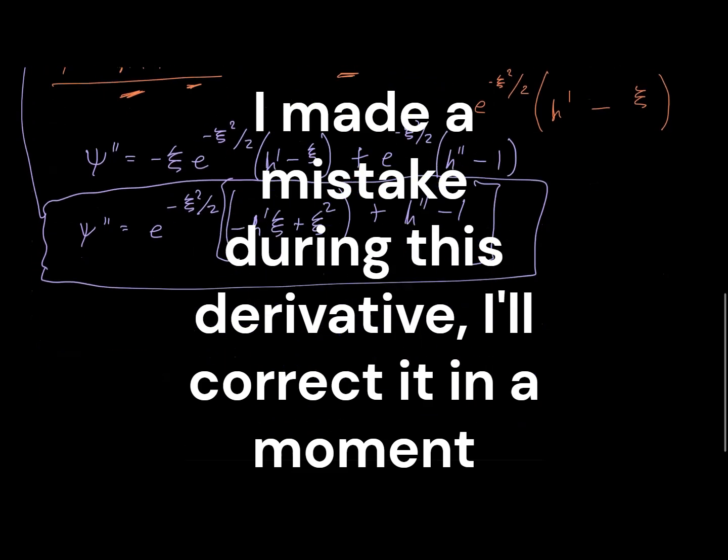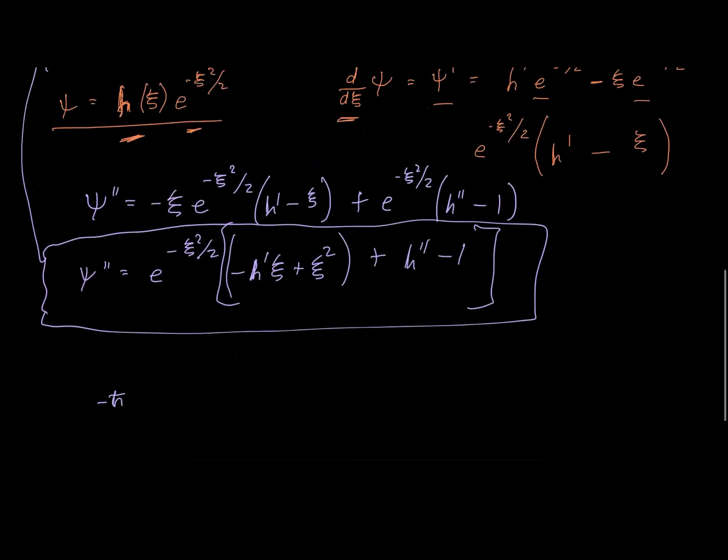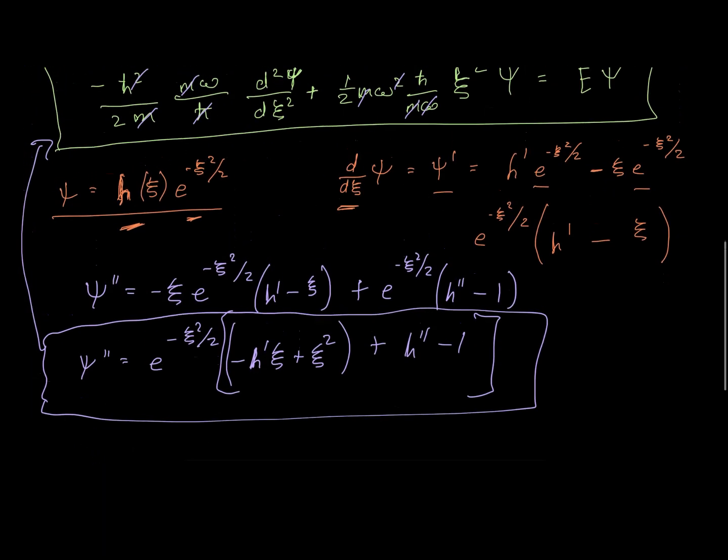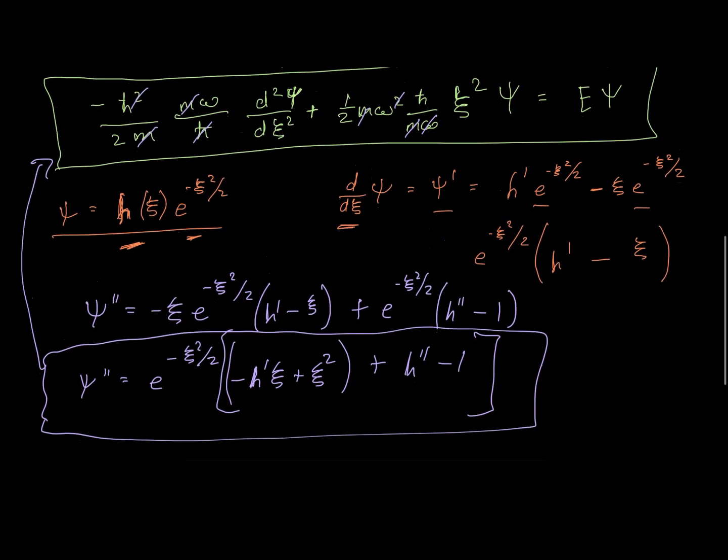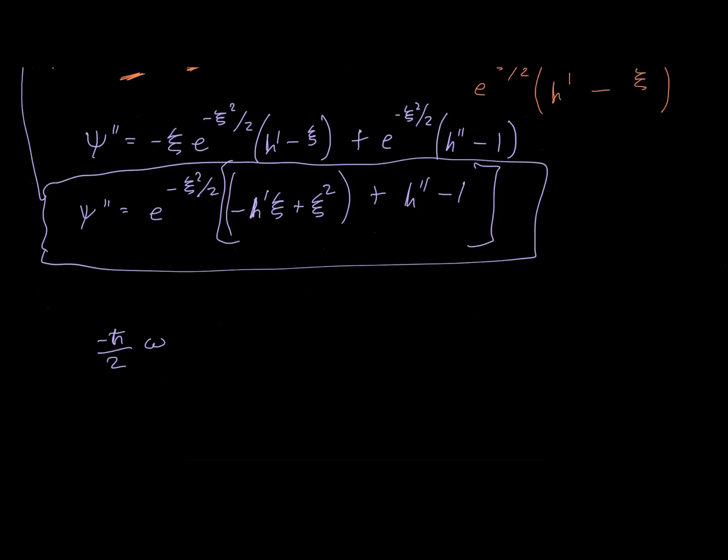So we get minus h bar over 2 times omega times our psi double prime, which is, I'm just going to write it all out, e to the minus c squared over 2 times minus h prime c plus h double prime minus 1.